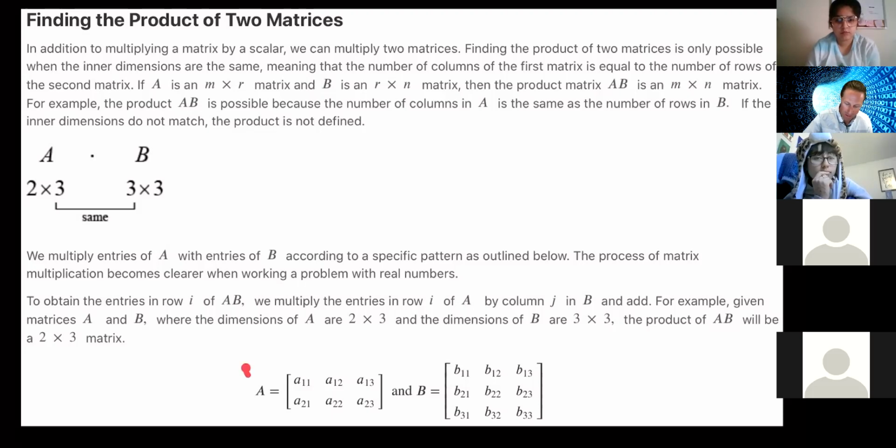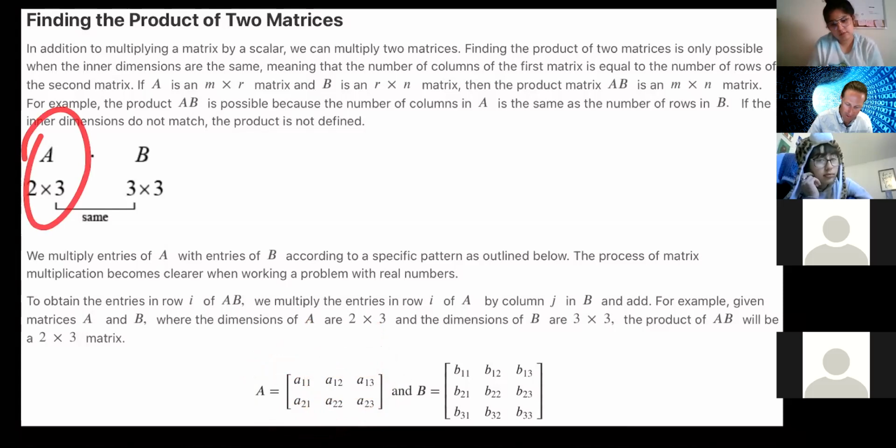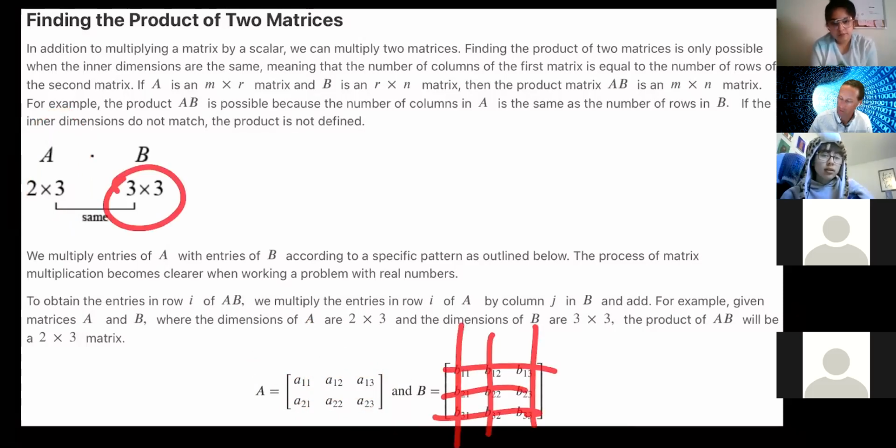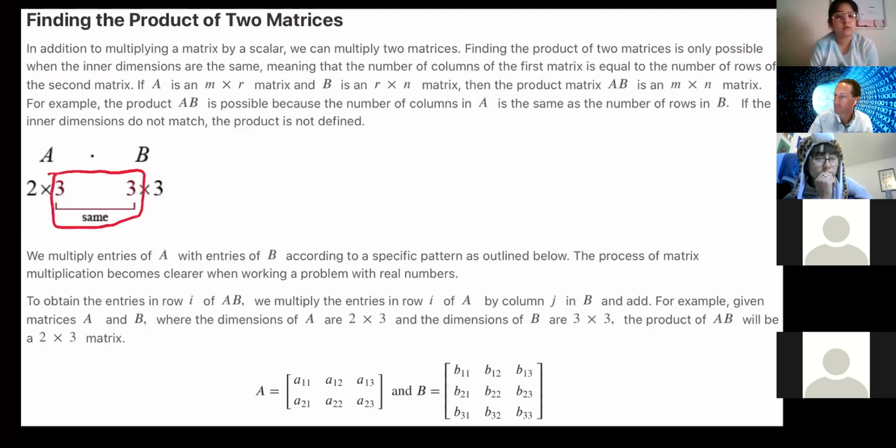We can take a 2 by 3, they're calling A, and we can multiply it to a 3 by 3, they're calling B. The only thing I want to highlight here is that, grab the highlighter, the color that you guys can see, these right here, no, it's not really letting me, right? All right, I'm not going to highlight it. These have to be the same.